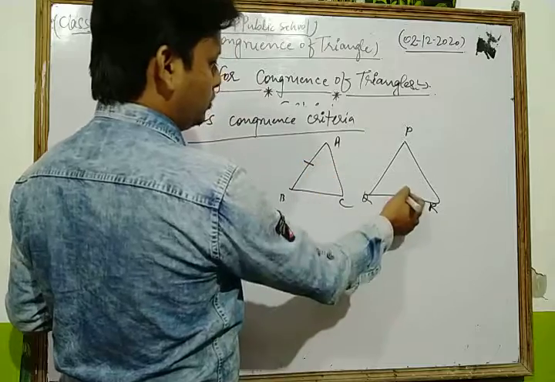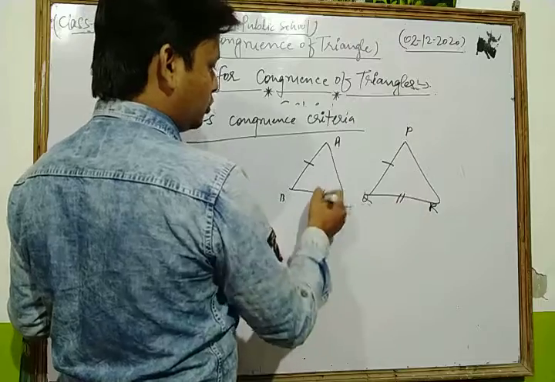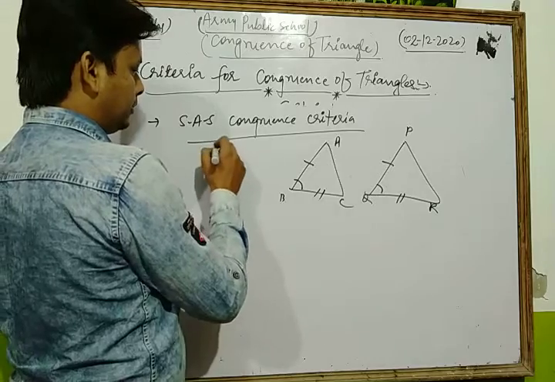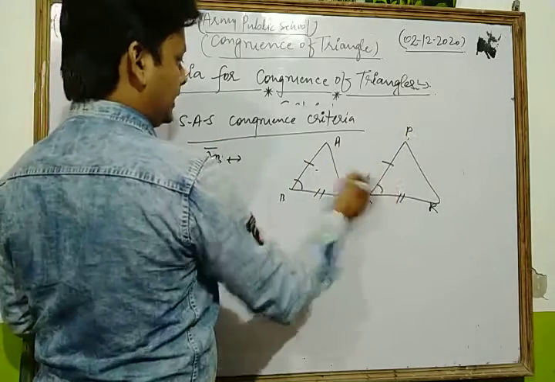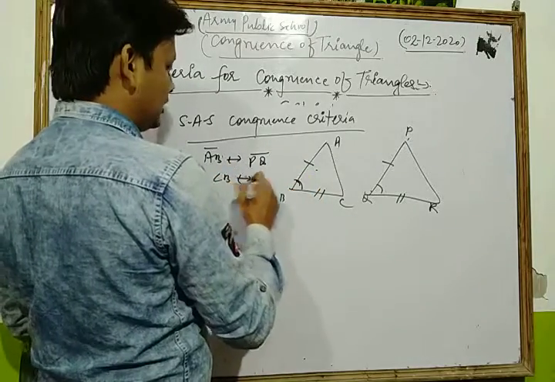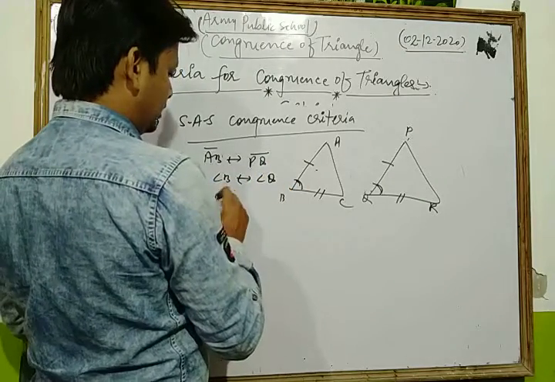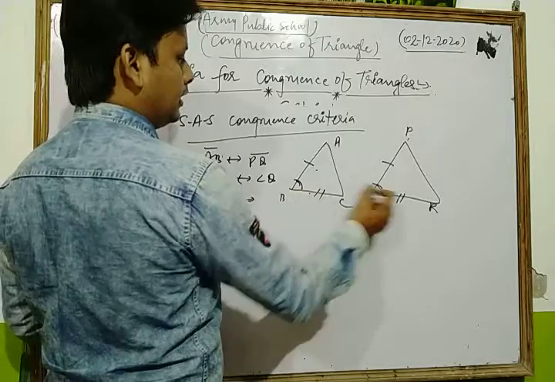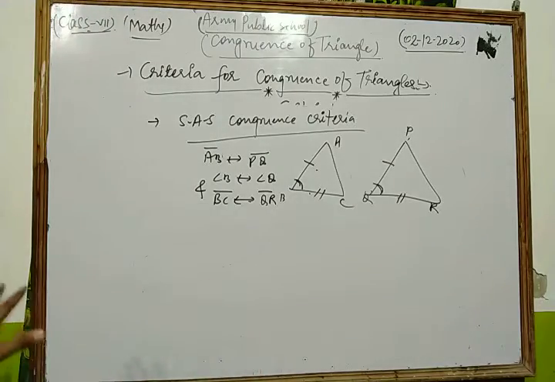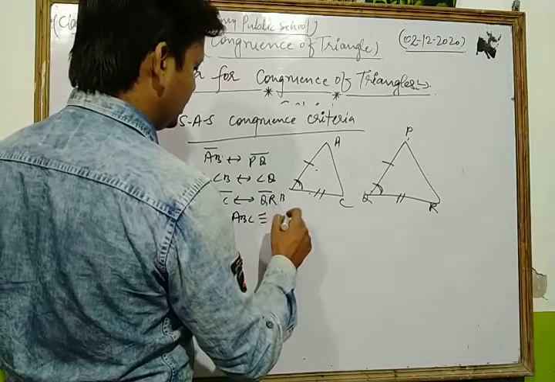If AB is equal to PQ, BC is equal to QR, and angle B is equal to angle Q, then triangle ABC is congruent to triangle PQR.